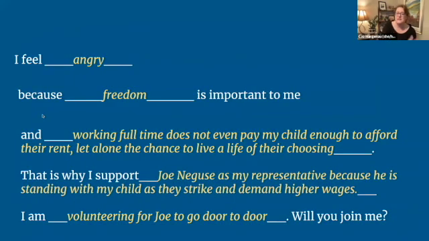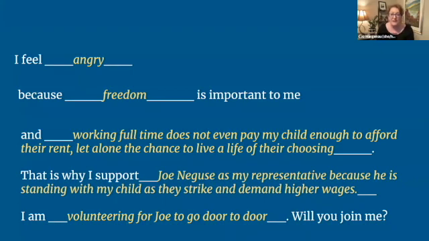So here's my same example as before, but now I'm adding on to the end after I share that I feel angry because freedom is important to me and working full-time does not even pay my child enough for their rent, let alone the chance to live a life of their choosing. And that is why I support Joe Neguse as my representative, because he is standing with my child as they strike and demand higher wages. And I'm volunteering for Joe to go door to door. Will you join me?